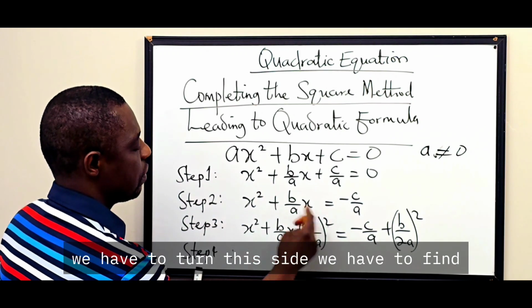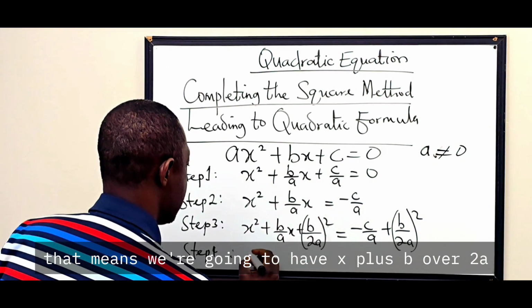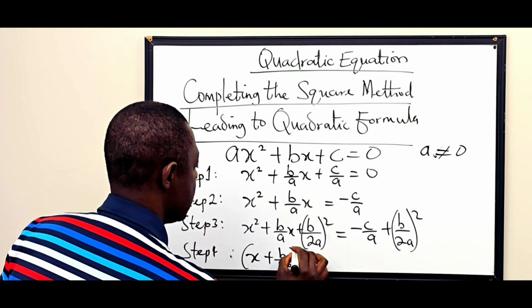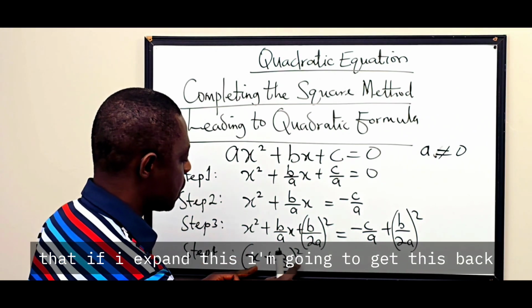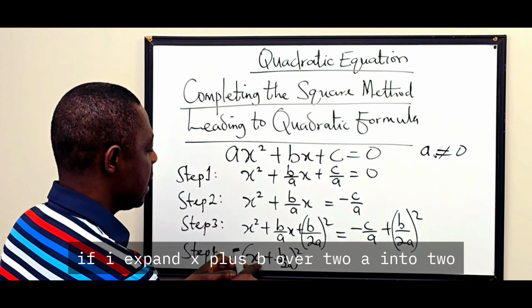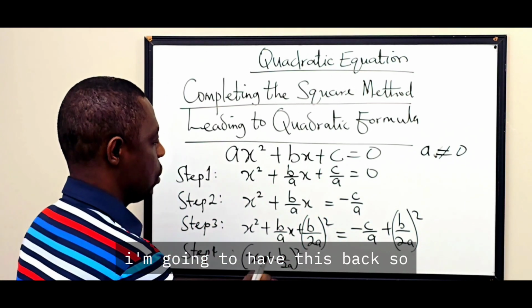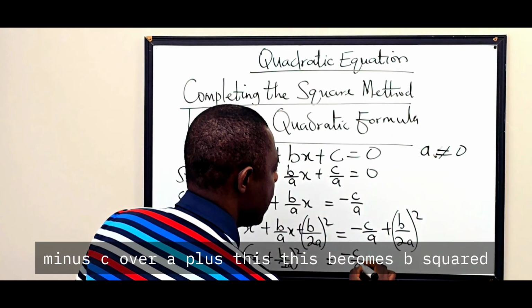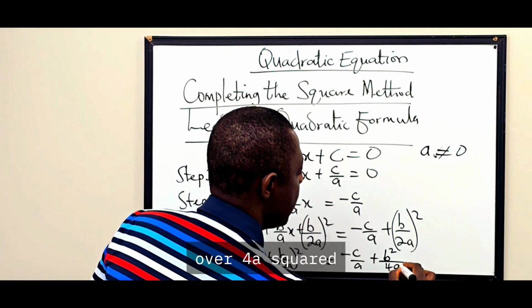We have to find a way to turn this side into a perfect square. If we do that, we're going to have x plus b over 2a all squared. What we are doing here is that if I expand this, I'm going to get this back. That's the perfect square. If I expand x plus b over 2a squared, I'm going to have this back. So this will now equal, I can split this, minus c over a plus b squared over 4a squared.